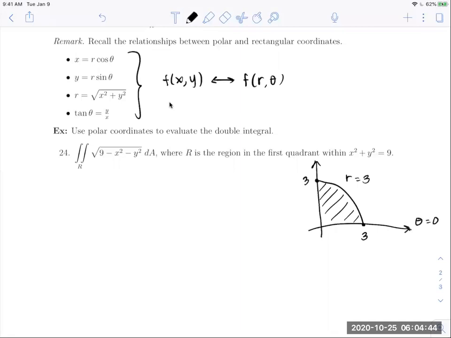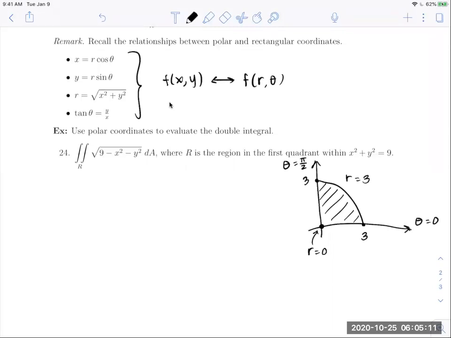The x-axis is theta equals 0. The y-axis is theta equals pi halves. And in this case, it's hard to see an inner boundary polar curve. You'll notice that we want to go all the way out to r equals 3, but the inside is r equals 0. So here is our polar region.